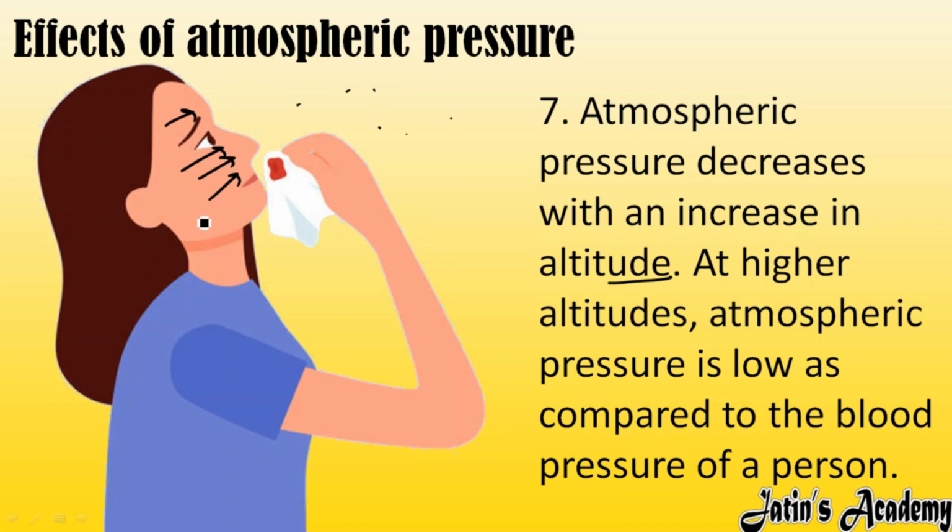And as we know, liquids always move from a region of higher pressure to a region of lower pressure. So blood starts coming out of our body, and we have an opening on our face, that is the nose. So blood starts moving from the nose towards the outside. Whenever we move to a higher altitude, the atmospheric pressure is less, and due to this less atmospheric pressure, blood starts coming out of the person's nose.